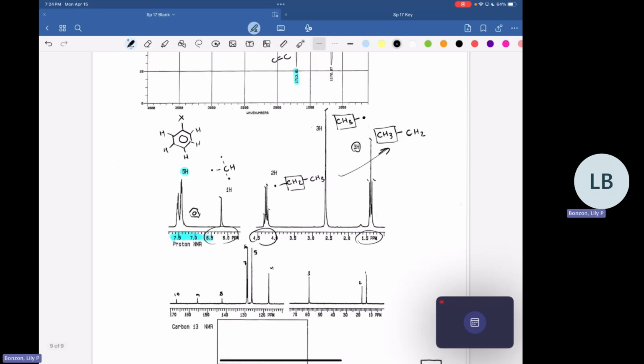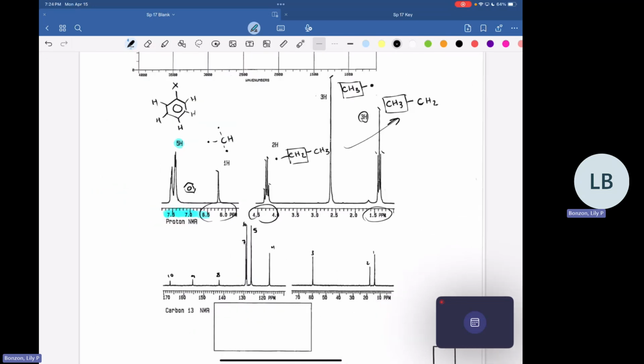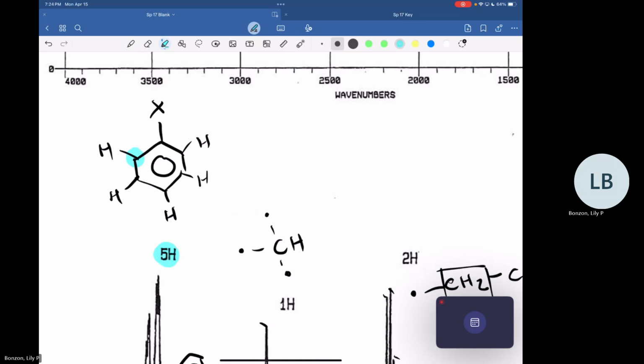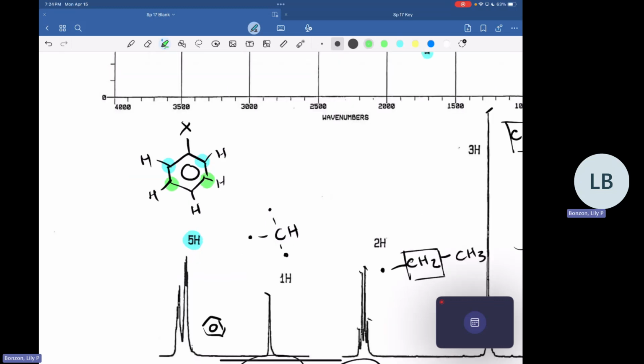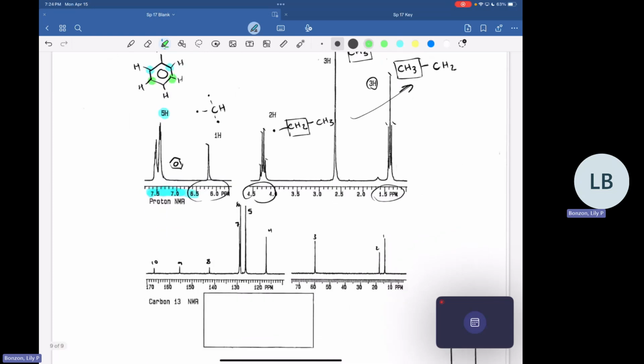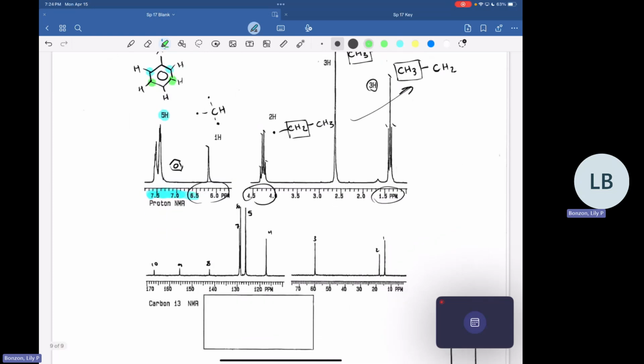We do have a couple of bigger peaks here in the middle, and those are probably going to be relating to the benzene carbons. If you'll see there, the ones highlighted in blue, here, I'll highlight them differently actually. So in blue, these ones are going to be symmetrical, and in green, those ones are going to be symmetrical to each other. So that's why we don't see 12 unique carbons on the carbon NMR. It's just the benzene because it's a symmetrical benzene.